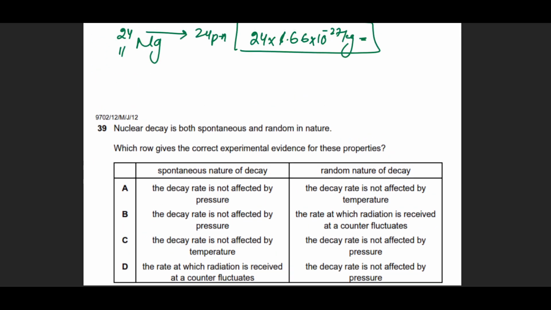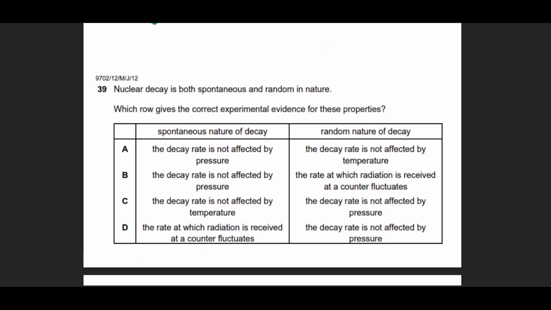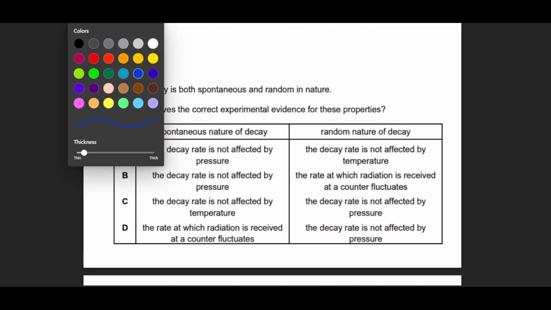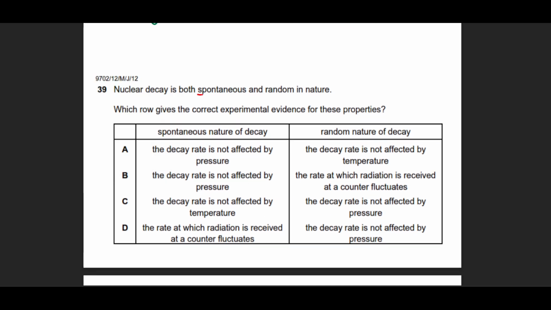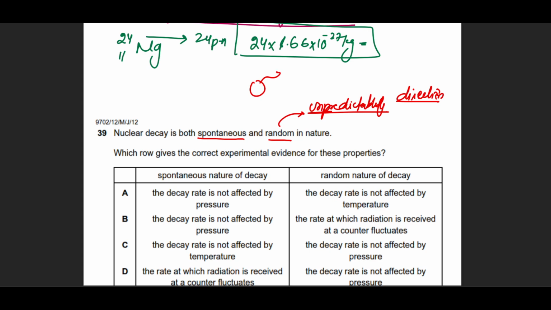Now, one more thing about nuclear decay is that nuclear decay of alpha, beta, and gamma has 2 concepts. That it is sometimes spontaneous, it is sometimes random. Random purely deals with unpredictability. We're looking at the unpredictability of direction. Where is it going to go? If alpha and beta are being radiated, in which direction will they go?